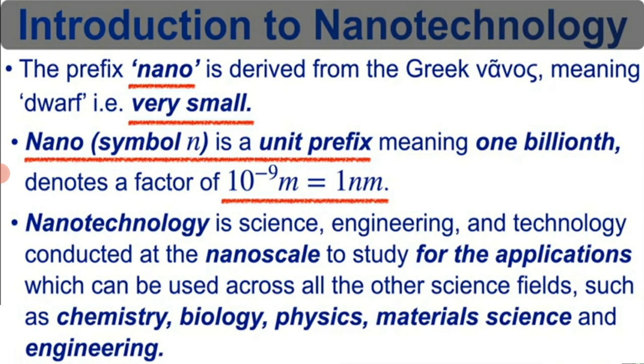It can be used as a prefix for any unit like second or liter to mean a billionth of that unit. Nano, symbol small n, is a unit prefix meaning one billionth. It denotes 10 raised to minus 9 meter, which is equal to 1 nanometer.